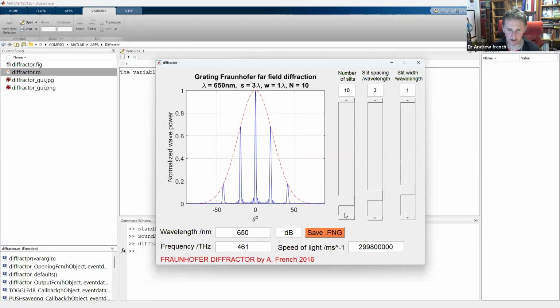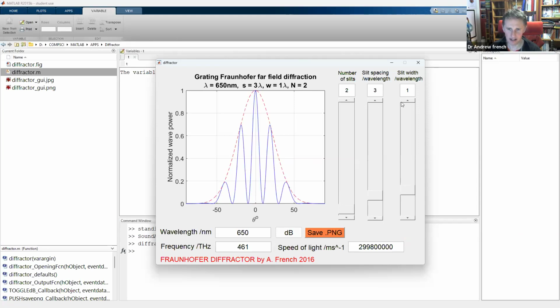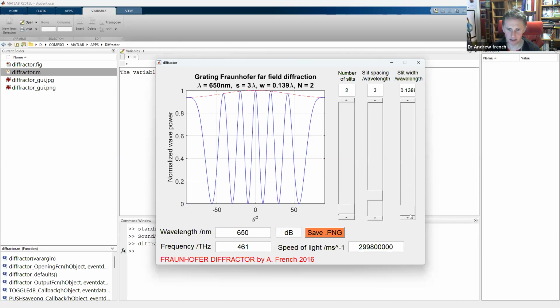So what we could do here, let's just go for a double slit. This is what we tend to do at school, isn't it? Right, let's go for a double slit, and the slit widths are going to be a very, very small number of wavelengths. There we go. So this is what you might have if you have two slits, and the spacing is 3 wavelengths. So d sine theta is n lambda.